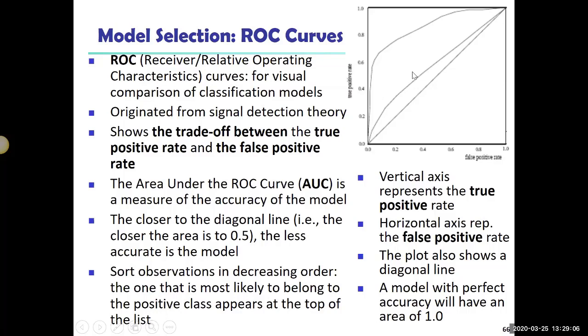And those lines above this random line depict the performance of different systems. We want the system to cover this upper area as much as possible. The more area covered under this curve, the better the system performs, because the true positive rate is close to 100%.